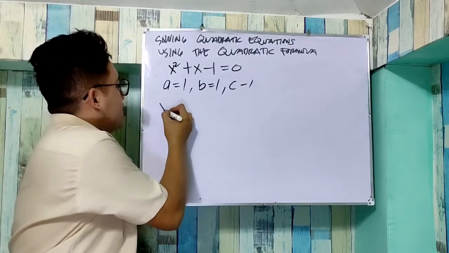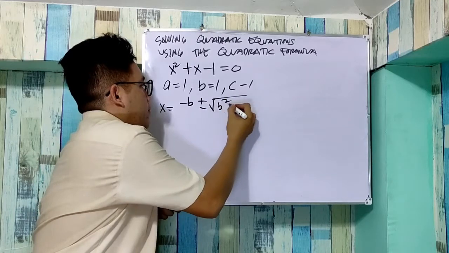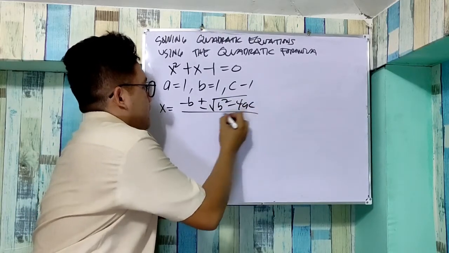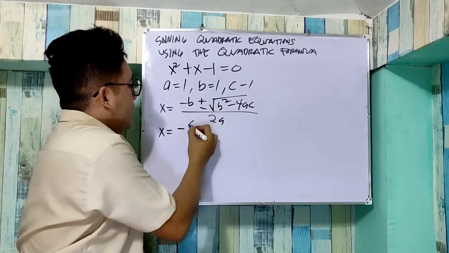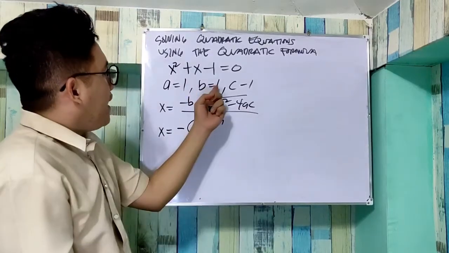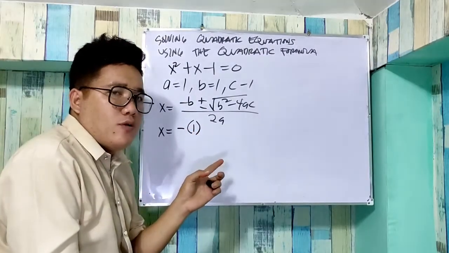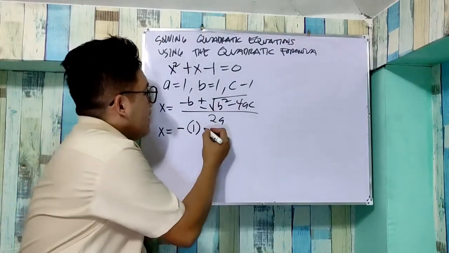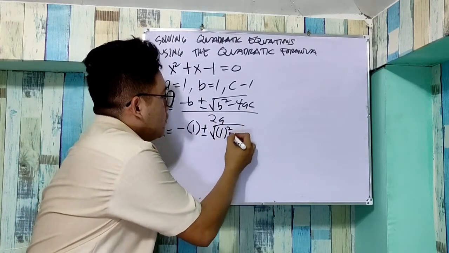Okay, let us use the quadratic formula. Negative, copy B, 1. Pag ang B po ay negative, don't forget to write negative kasi yung ibang estudyante nakakalimutan ilagay.